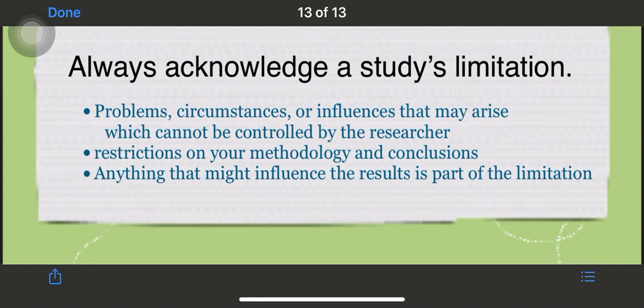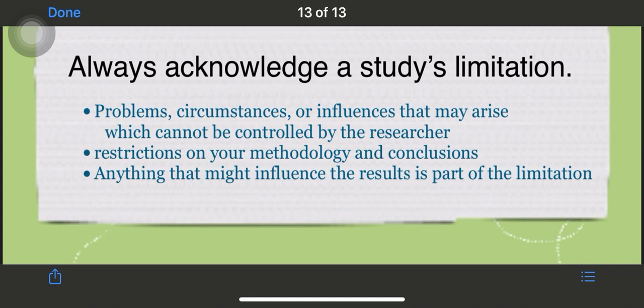So ito yung mga technical and non-technical reasons why ang scope mo ay ganun lang kahaba. Kailangan mong i-mention bakit ito lang ang iyong kinover. Dahil meron akong limitation with regards to, for example, data or methodology or number of respondents, kaya i-mention mo ang limitation. So limitations are restrictions on your methodology and conclusions.